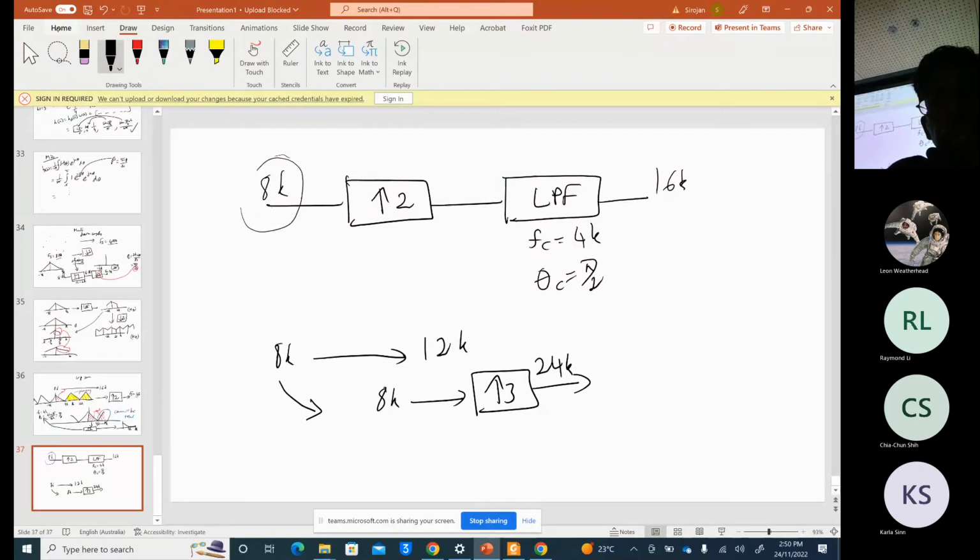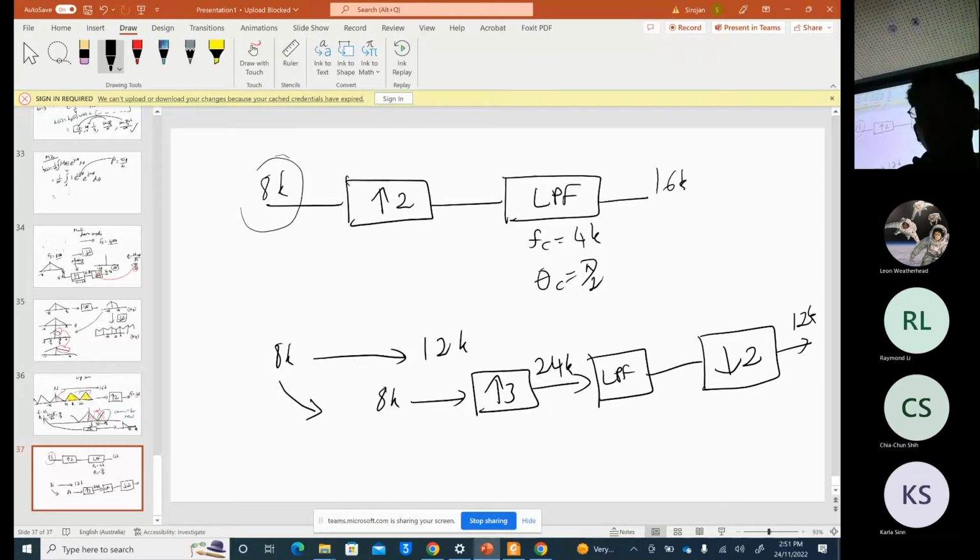Then after upsampling we need to have a low pass filter. Then we can downsample by 2 to get 12K.